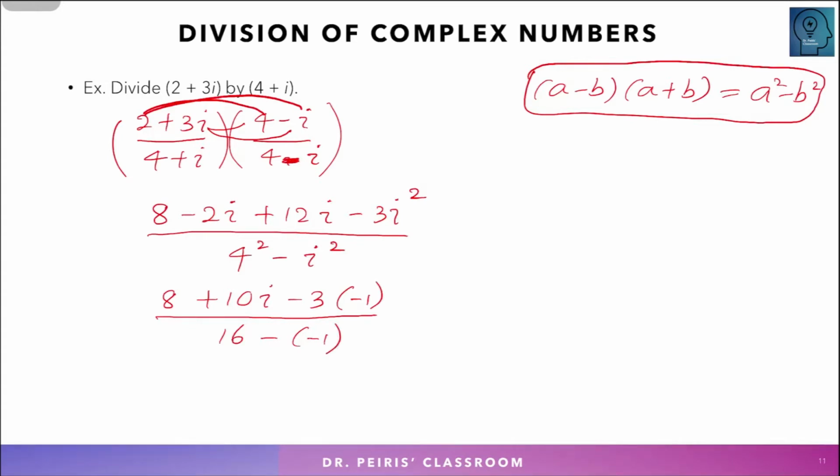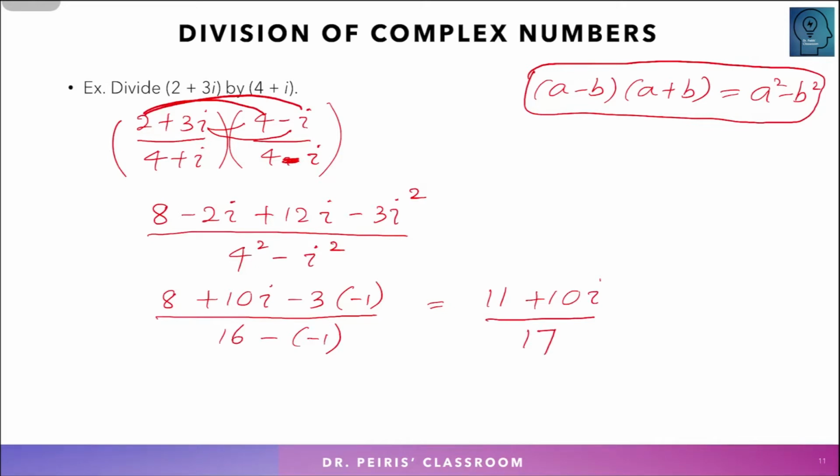Make sure that you put parentheses when you substitute negative 1 for the i squared. Now let's simplify this. On the numerator we're going to have 8 plus 3, which is 11, plus 10i. And what is on the denominator? 16 plus 1, which is 17.